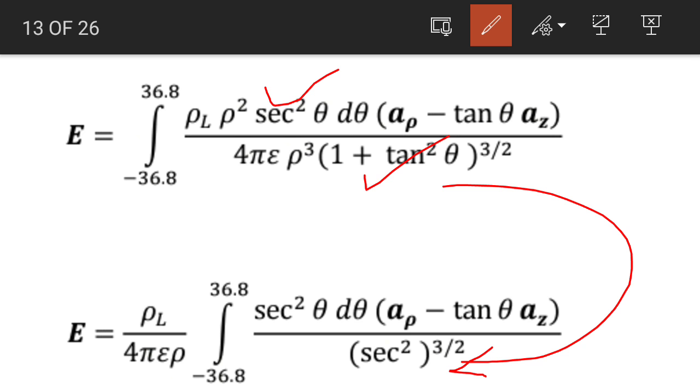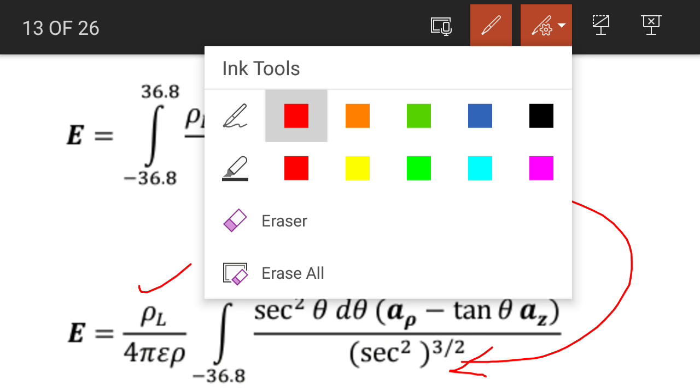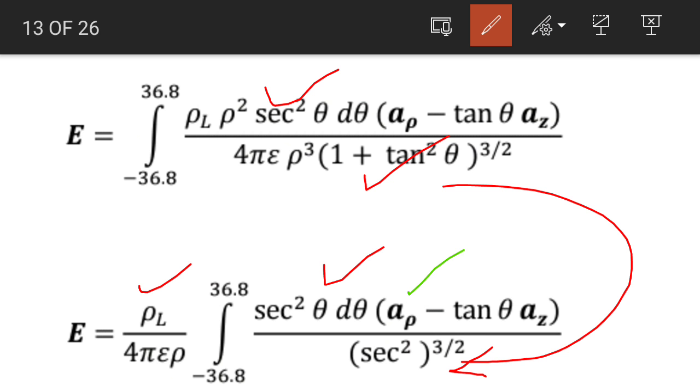So we simplify this equation, so the electric field intensity will be equal to rho L divided by 4 pi epsilon rho. Then we have the integration, and you see the angle is changing from minus 36.8 to 36.8. We have secant square theta d theta, and then we have arrow over here, and then we have minus tangent theta az, and then we have secant square theta raised to power 3 by 2.